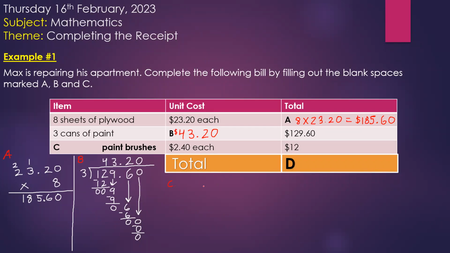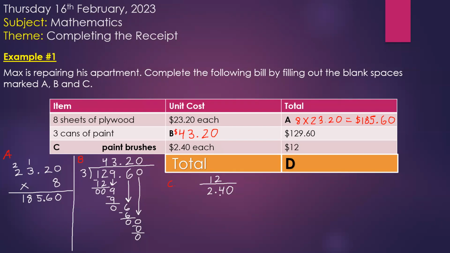It's interesting because we don't know our 2.40 times tables, so we'll have to write it like this: 12 divided by 2.40.